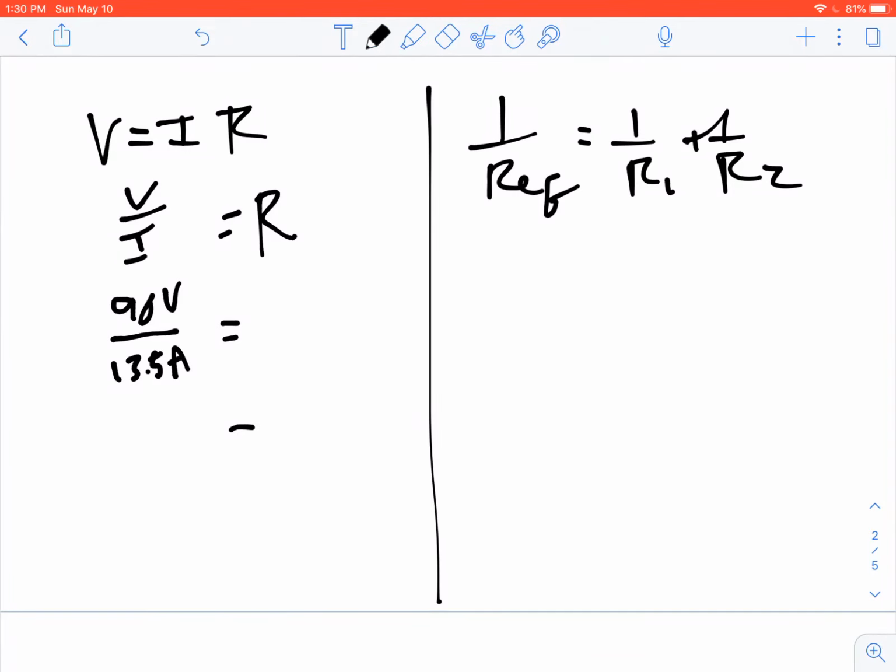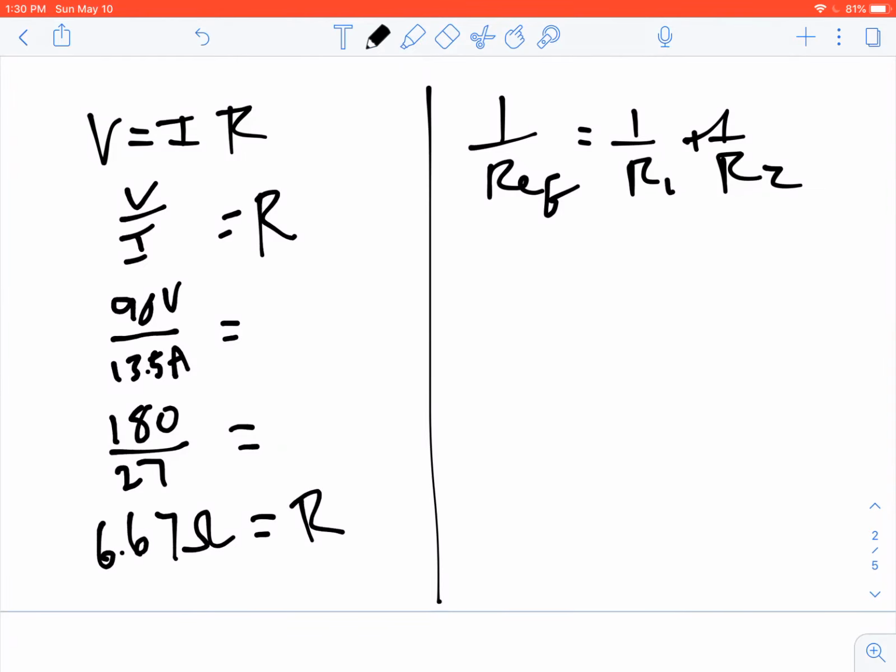I'm going to make this a fraction first. So I get 180 divided by 27, which works out to 6.67 ohms, the equivalent resistance.